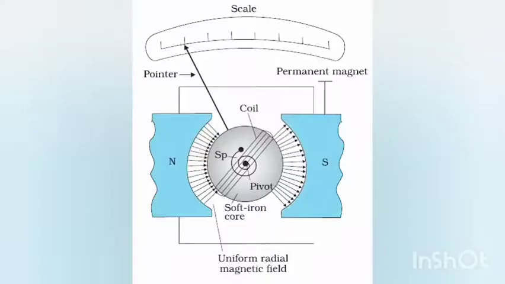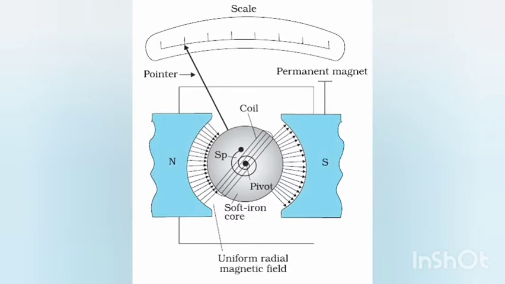Construction of galvanometer. If we analyze the construction of a moving coil galvanometer, we can see that a galvanometer consists of a coil with many turns which is free to rotate about a fixed axis, and it is placed in a uniform magnetic field.